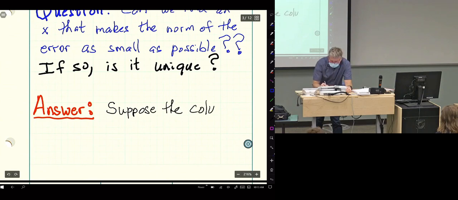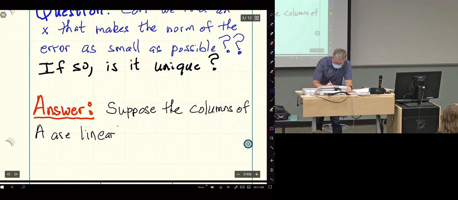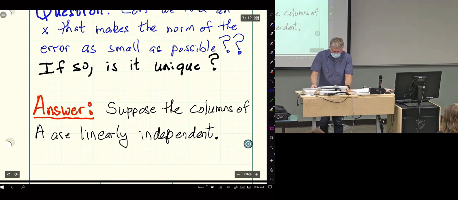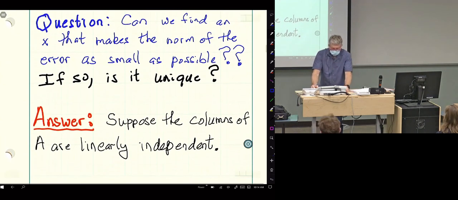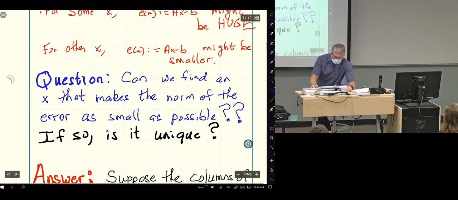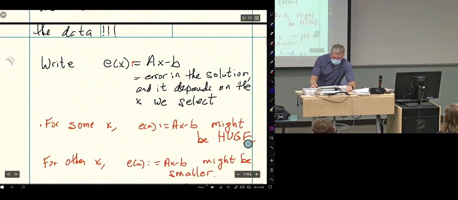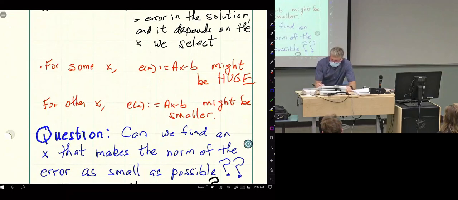Suppose the columns of A are linearly independent. Just to remind you, we're looking at an equation roughly that says Ax equals b.